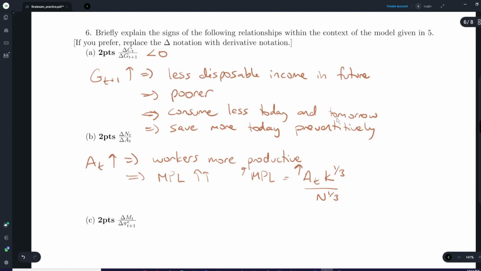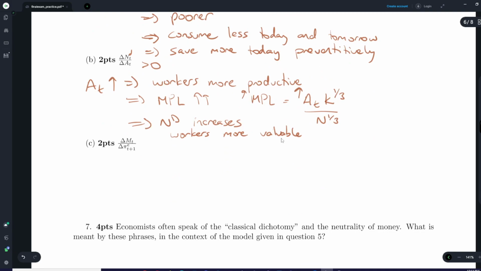So if A_t goes up, MPN goes up, right? So N^d increases. This would probably say N_t^d. N^d increases, workers are more valuable, right? So if workers are more valuable, firms want more of them. This is a positive number, right?